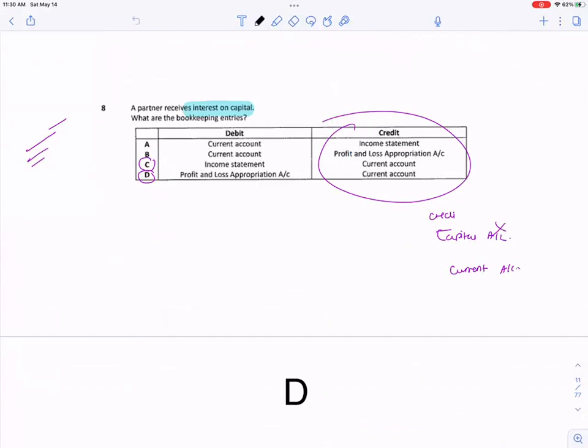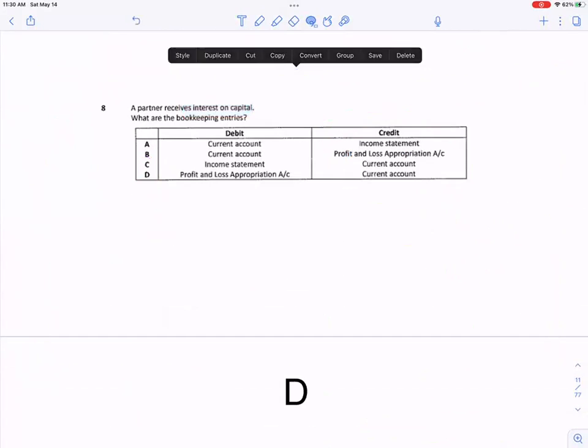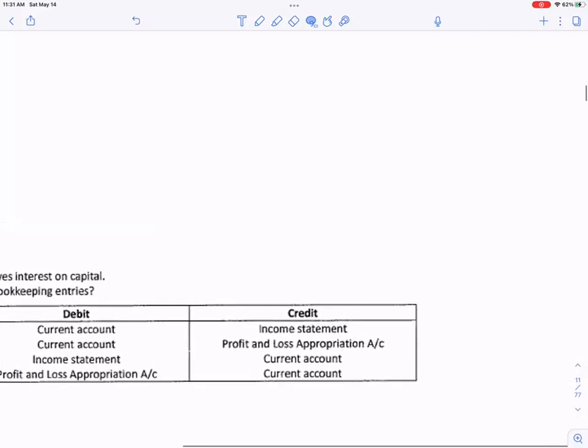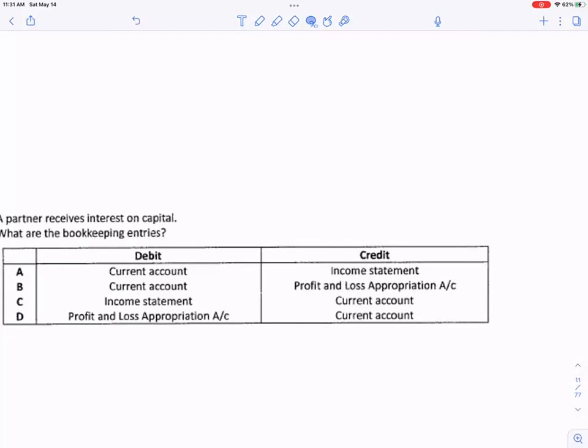What are the two effects for interest on capital? Capital account credit, and appropriation account debit. And if you have a capital account and a current account both, you will give preference to the current account.